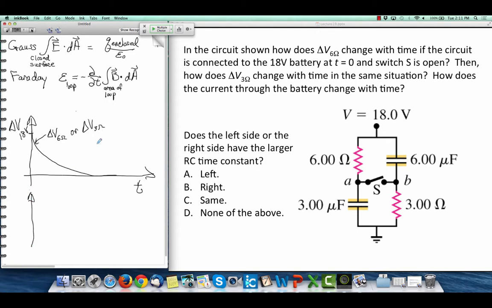well, the voltage drop across the 6 ohm is the current through the 6 ohm times 6. It's I times R. The voltage drops, so it goes down, but I don't care about the sign right this second.